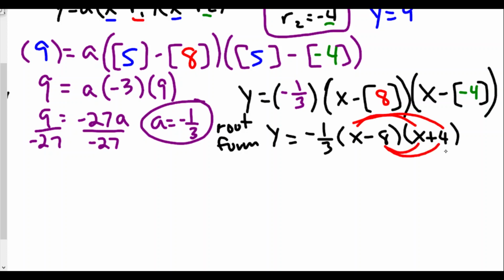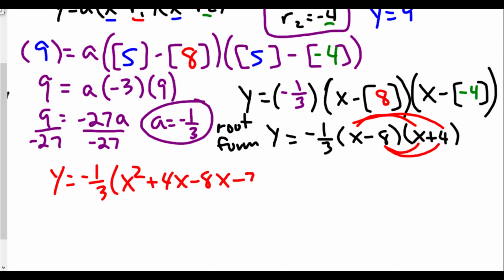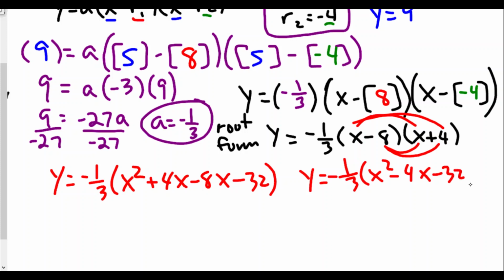And so now we're going to get y is equal to -1/3 times (x squared plus 4x minus 8x minus 32), or y is equal to -1/3 times (x squared minus 4x minus 32).